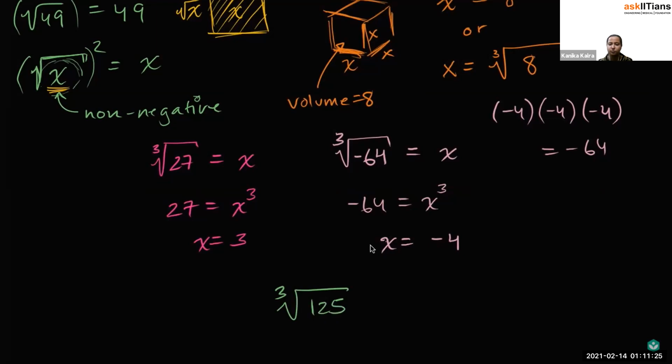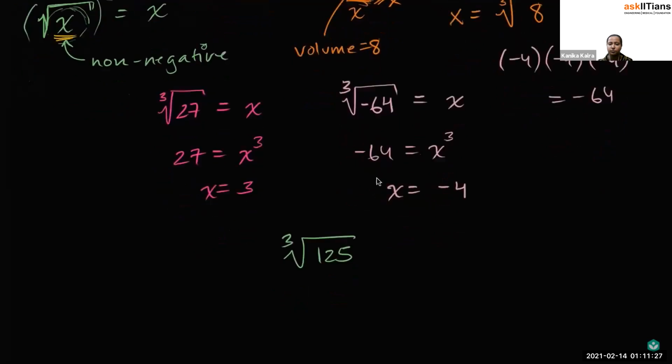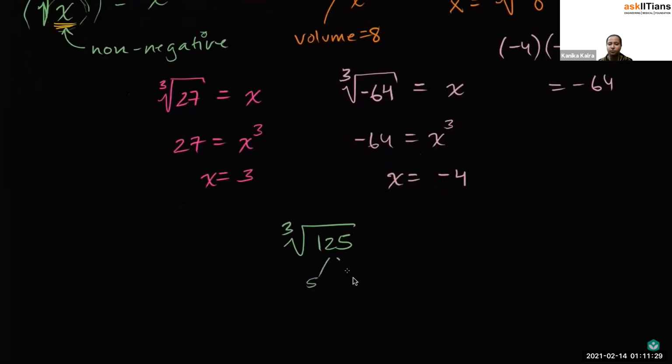So 125 is 5 times 25, which is 5 times 5. So this is the same thing as the cube root of 5 to the third power, which of course is going to be equal to 5.